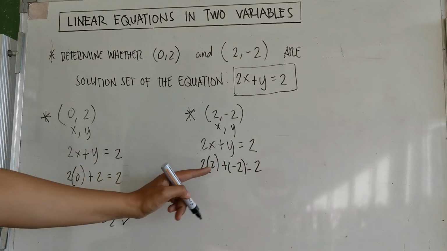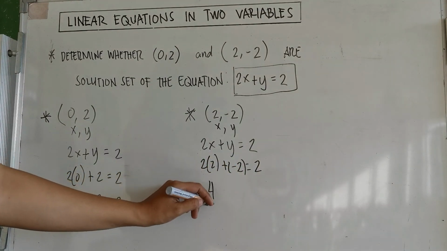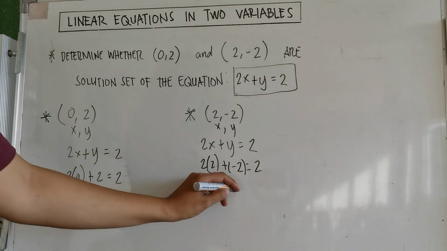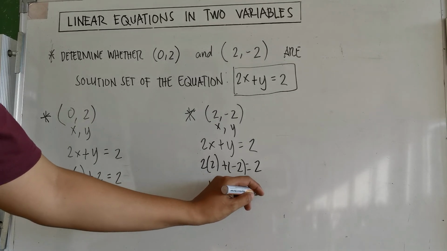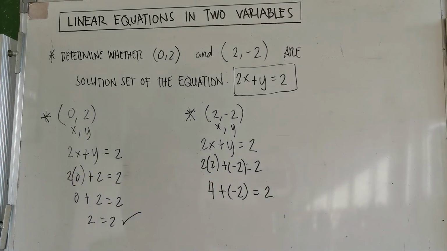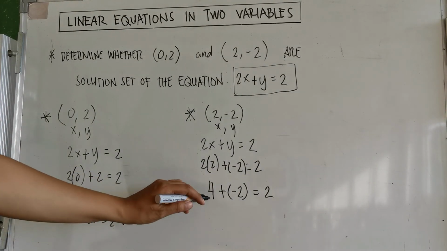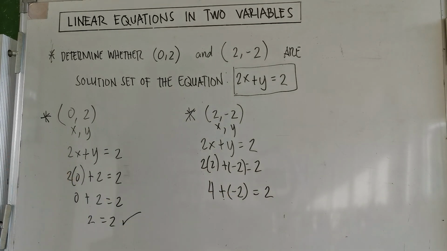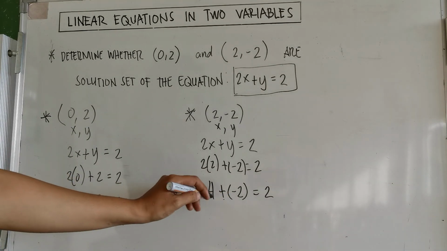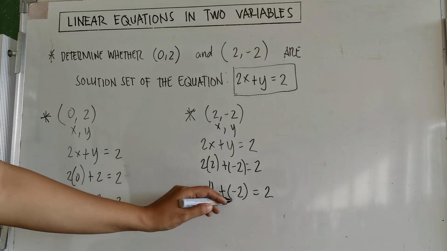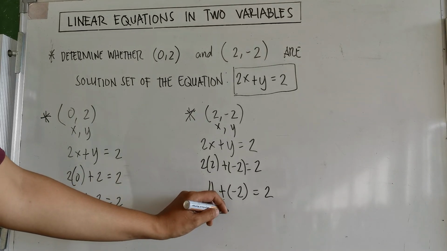So 2 times 2 is 4 plus negative 2 equals 2. Next is simplify. Positive 4 plus negative 2. So, isa-subtract natin, then copy the sign of the higher number, which is 4. So, 4 minus 2 is positive 2.